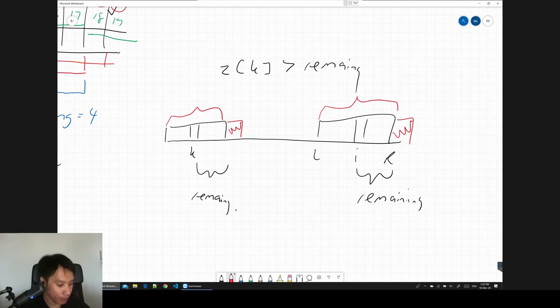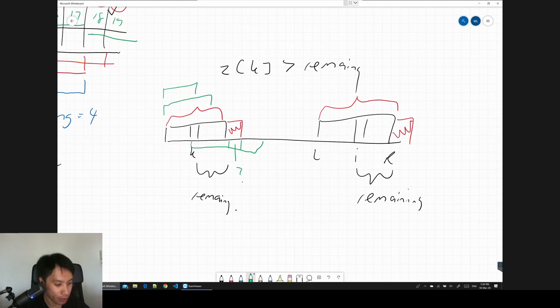It means that I have a substring from K to outside of the box, which is the same as the substring here, which is why the number is bigger.